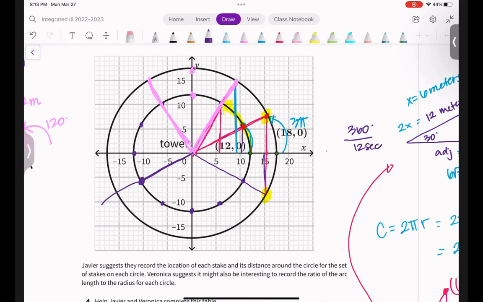So this point is 12 comma, and then the angle. What angle is that? Well, if this is 30 degrees and that whole thing's 180 degrees, that angle is 180 plus 30 degrees, which is 210 degrees.